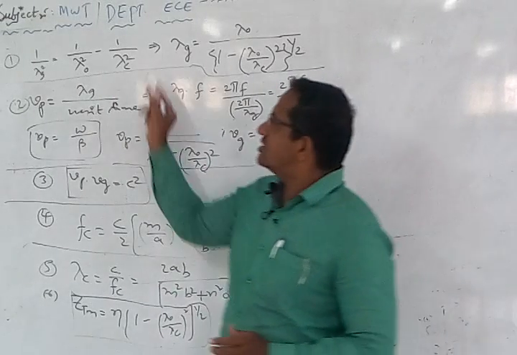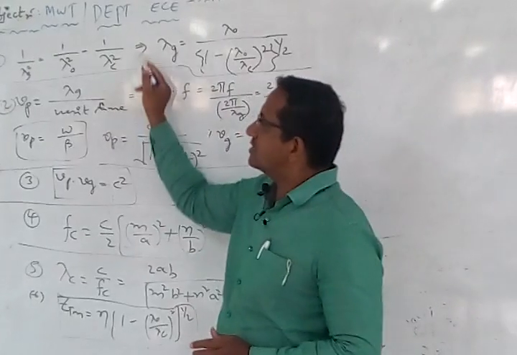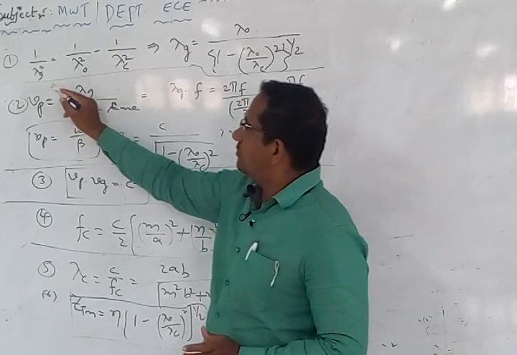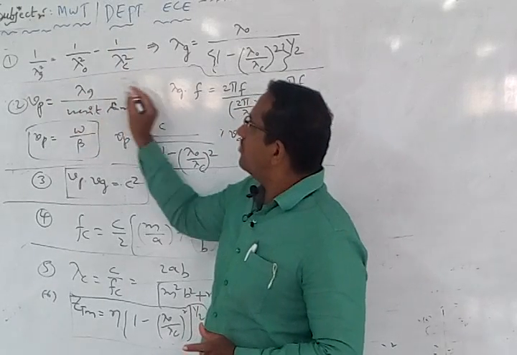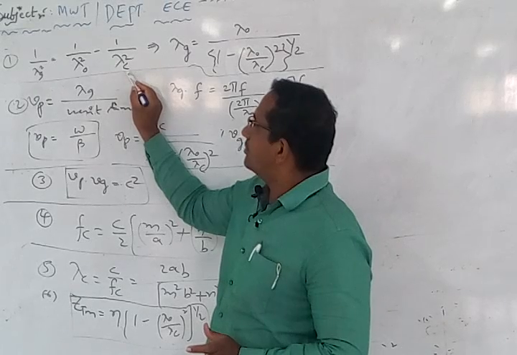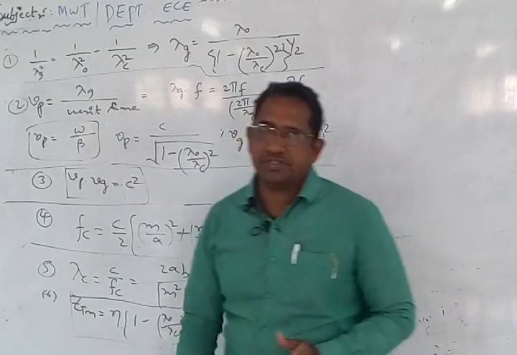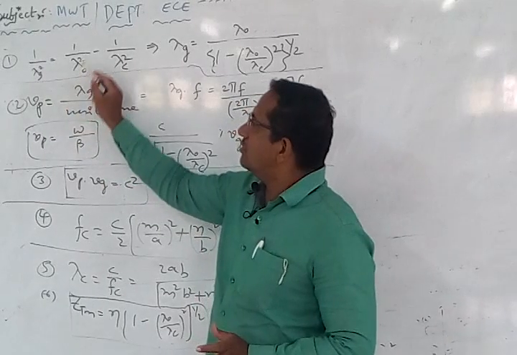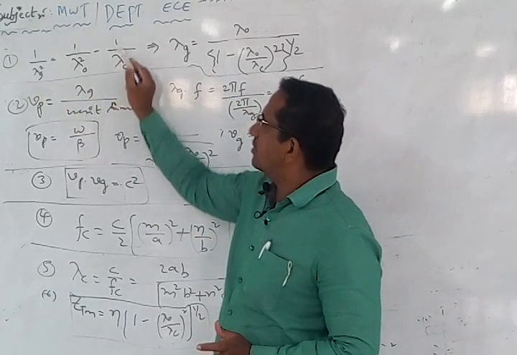So this is the relationship between the wavelengths of the guide, rectangular waveguide, cutoff frequency and the free space. So 1 by lambda g square is equal to 1 by lambda naught square minus 1 by lambda c square.